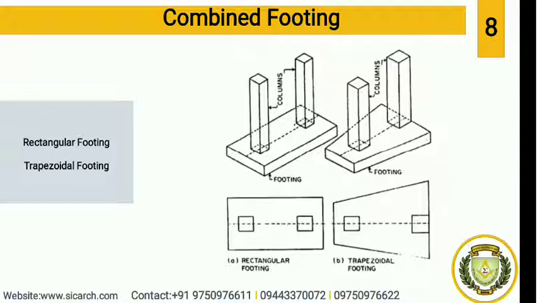Most probably, combined footings are made with reinforced concrete. Combined footing for columns will be rectangular in shape if the columns carry equal load. If the columns carry unequal load, then we will have a trapezoidal shape footing in the base.